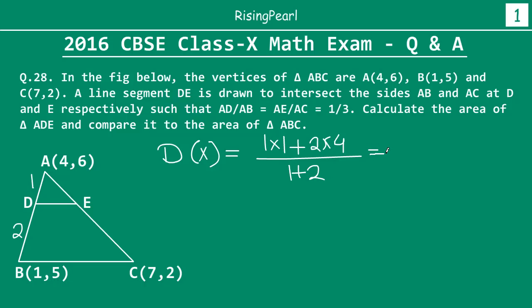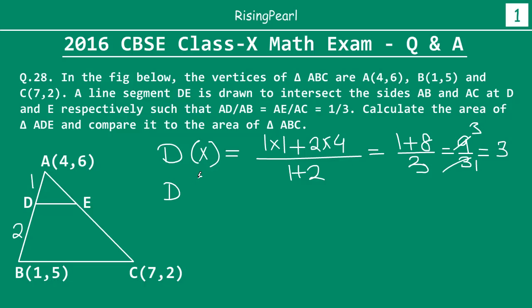If we do this, this will be 1 plus 8, which is 9, by 3. That will be 3. So the x coordinate for point D is 3.